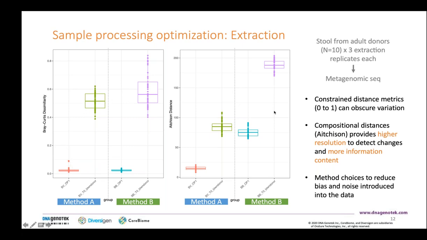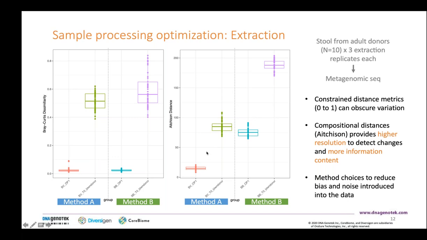So the problem here in a non-compositional space is that the distance is constrained. It has to sum to 1. And so it's obscuring the variation that's underlying between these methodologies. In contrast, using the Aitchison distance, there's a higher resolution to detect the changes, and there's more information content.